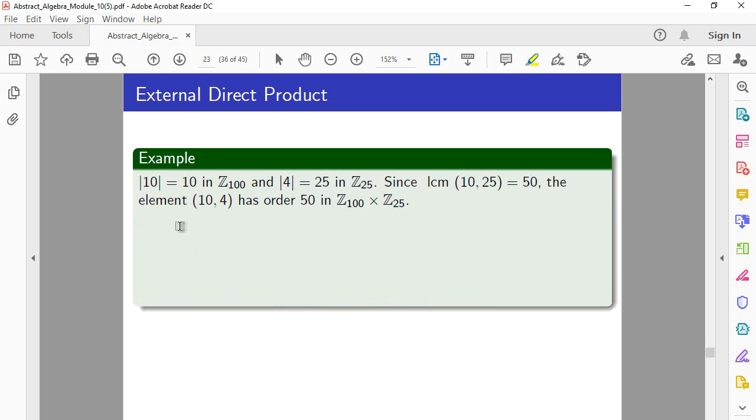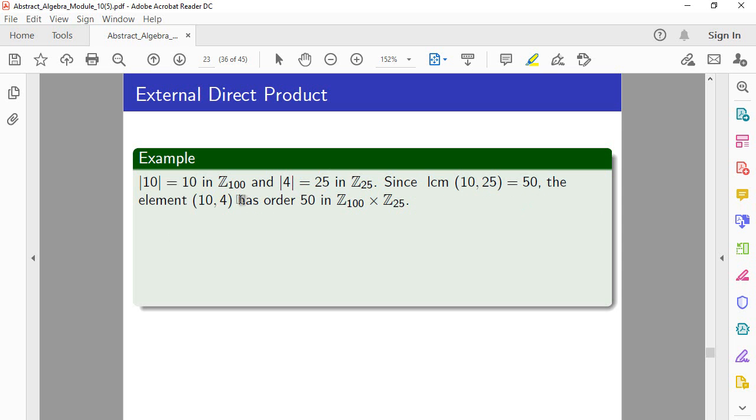All right, here's an example. In Z100, a group under addition modulo 100, the order of 10 is 10, and in the group Z25, the order of 4 is 25. So 4 is the generator for Z25, and notice that the LCM of the order 10 and the order 25 is exactly 50.